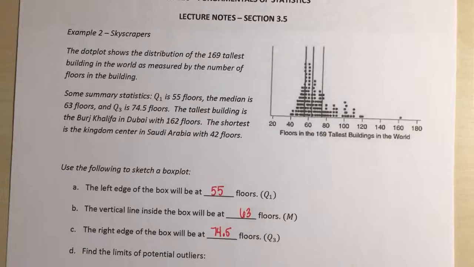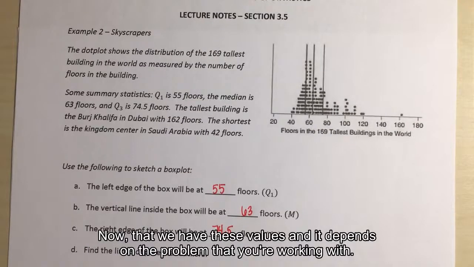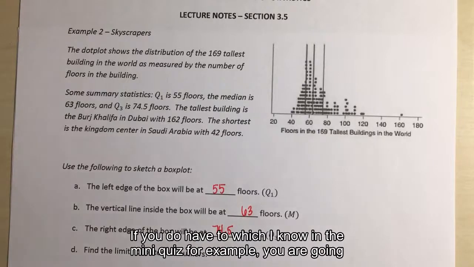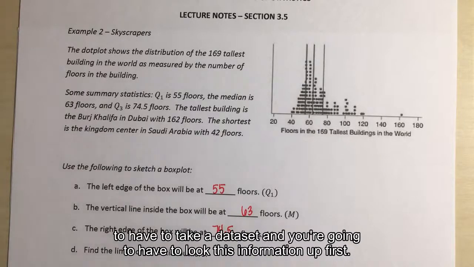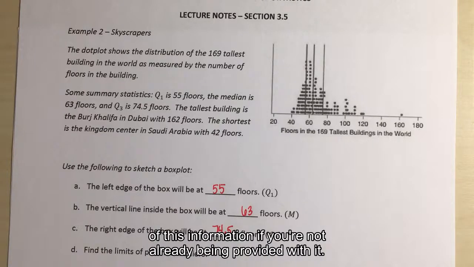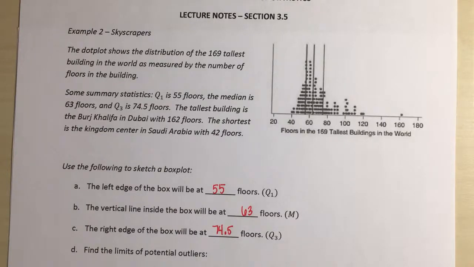Now that we have these values, and it depends on the problem that you're working with, if you do have to, which I know in the mini quiz, for example, you are going to have to take a data set and look this information up first. Remember that you can use your summary statistics in StatCrunch to give you all of this information if you're not already being provided with it.